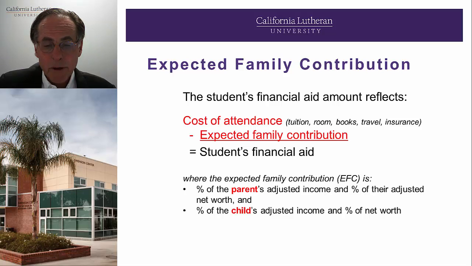The percentages vary depending on such issues as household size, number of children in college, and dependency status. However, it's safe to say that the percentages that go into the EFC are higher for the child than the parent.